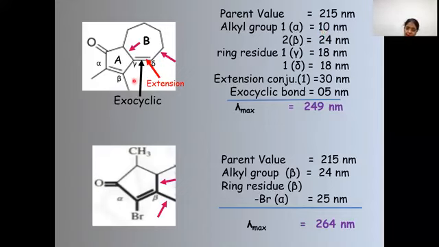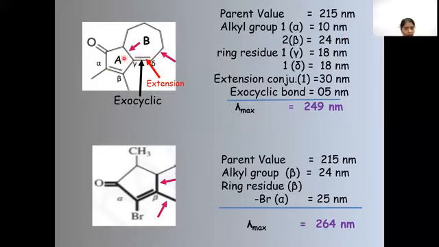One alkyl group present on beta, here will be 12 nanometer. And at gamma, there is one ring residue 18, and at delta there is one ring residue 18.